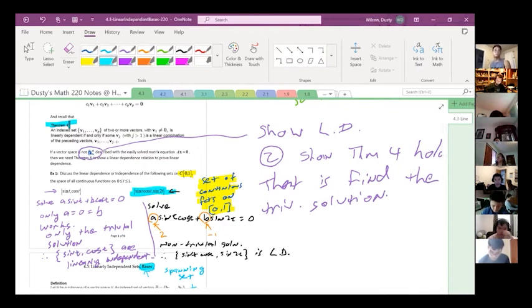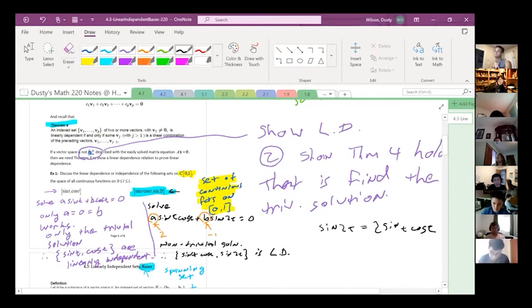So in this particular case, sine 2t is a linear combination of the preceding vectors. It's 2 of sine t cosine t. I got that backwards.